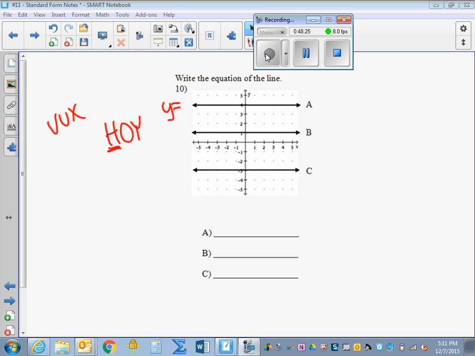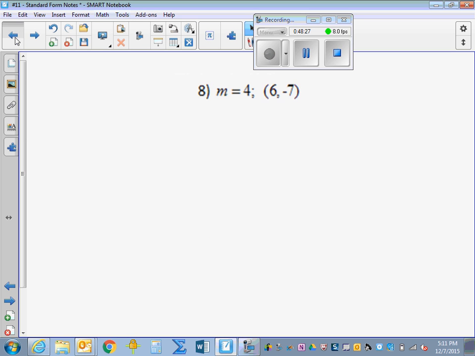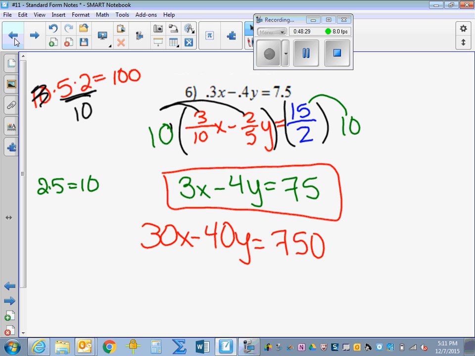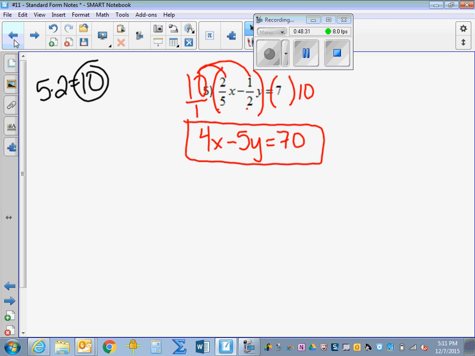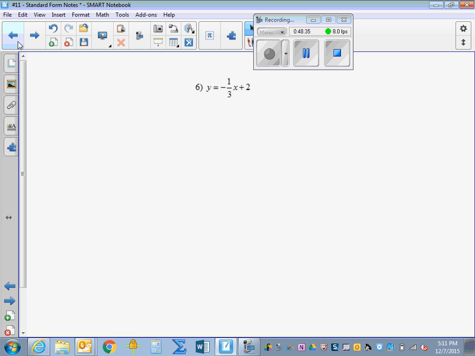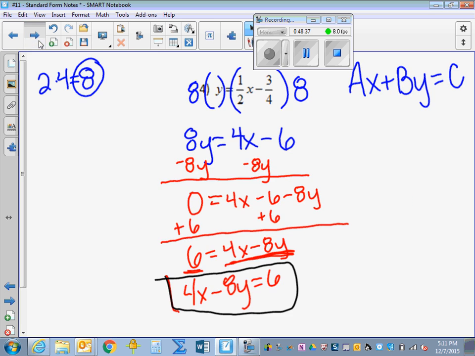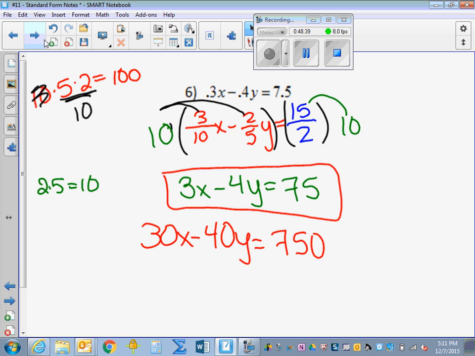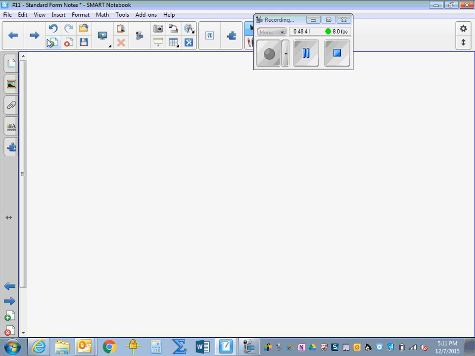Okay, I want to take a look at a couple more here. Let's go with another decimal one. Alright, number 7. I like what Miss Charlotte was saying here. Just take a look at how many places after the decimal we have.